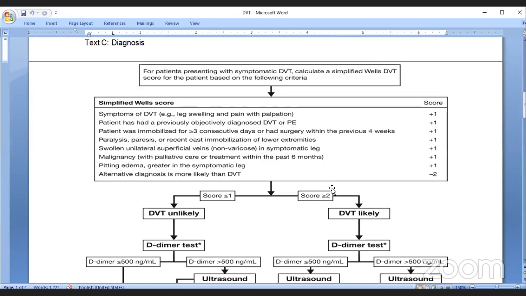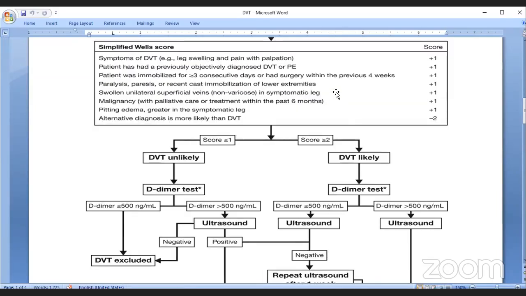Then we have the diagnosis. For patients presenting with symptoms of DVT, calculate a simplified Wells DVT score for the patient based on the following criteria. These are the criteria. You have +1, and at the end we have -2. All of these are the simplified Wells score.